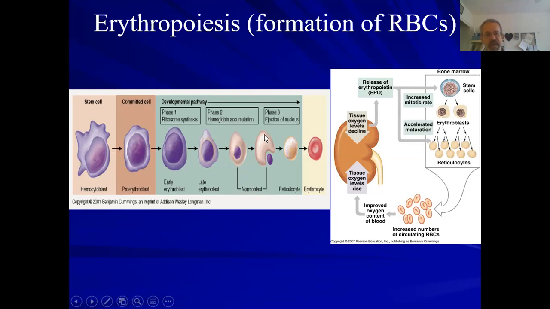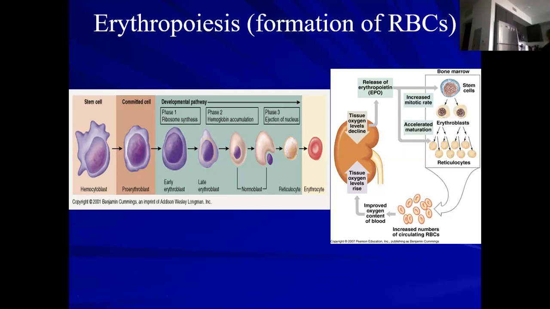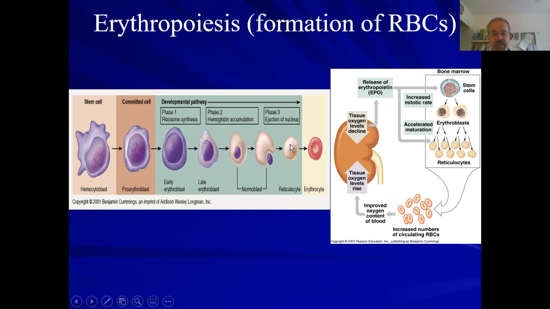It's at the normoblast stage where we're starting to see a cell which has a nucleus in it reach the point where that nucleus is ejected. And then it becomes a reticulocyte. That reticulocyte, once it starts to make hemoglobin, becomes an erythrocyte. Hence, you can see the red.